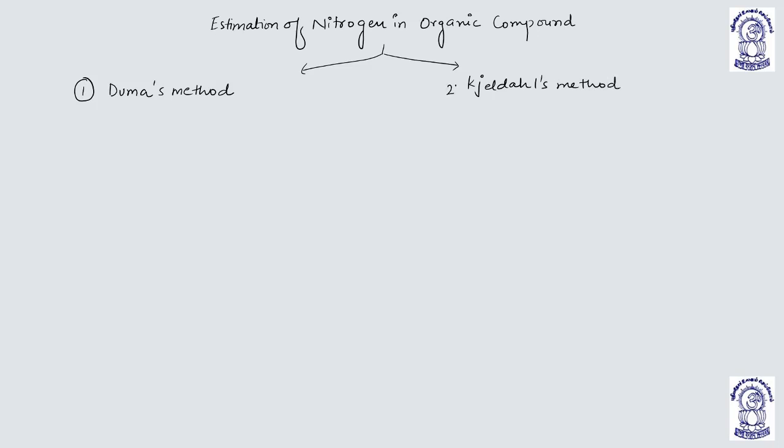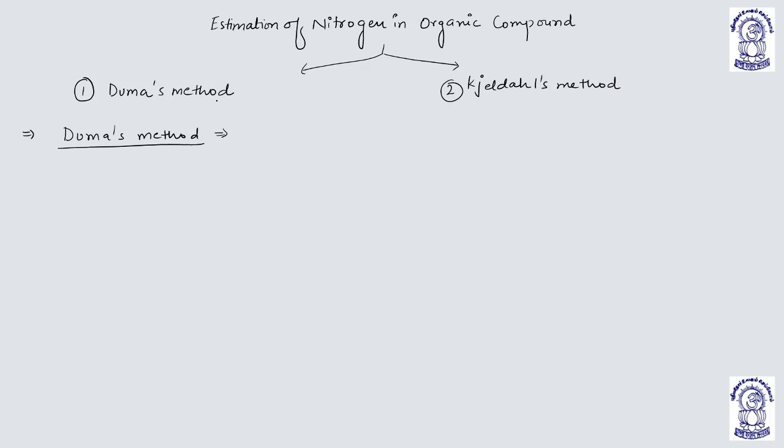These two are different techniques for the estimation of nitrogen, the Dumas method and the Kjeldahl's method. Now, first we are going to discuss the Dumas method.